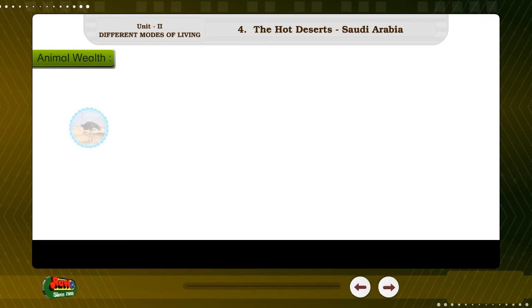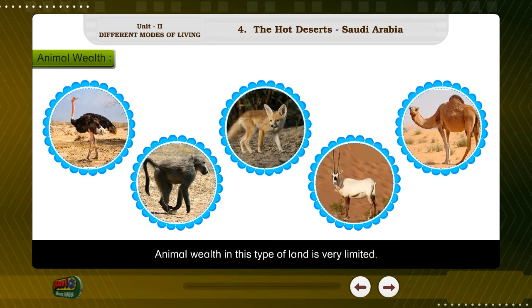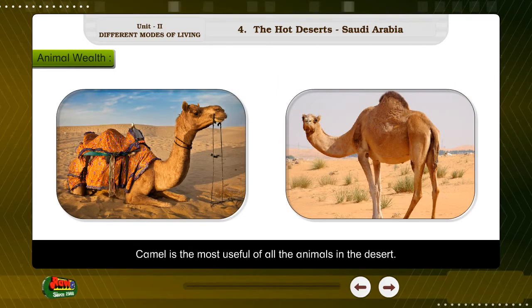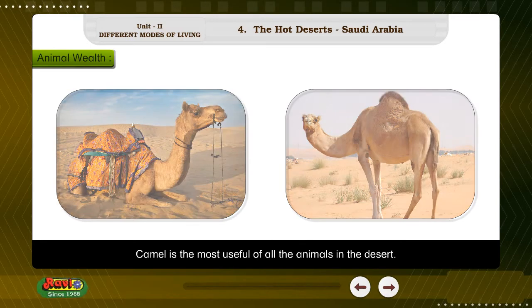Animal wealth. Animal wealth in this type of place is very limited. The birds like ostrich and baboon and animals like desert fox, antelope and camels are found in the desert. Camel is the most useful of all the animals in the desert.